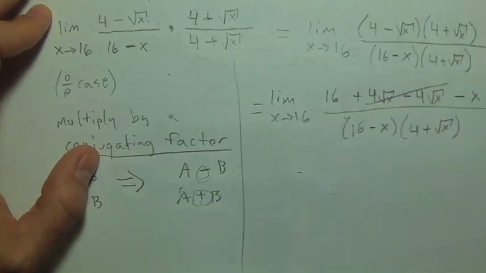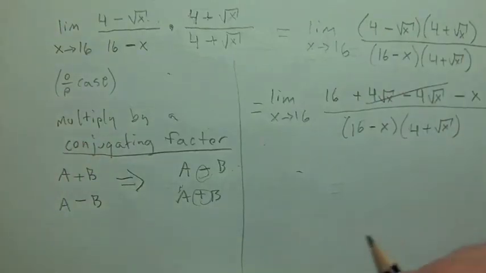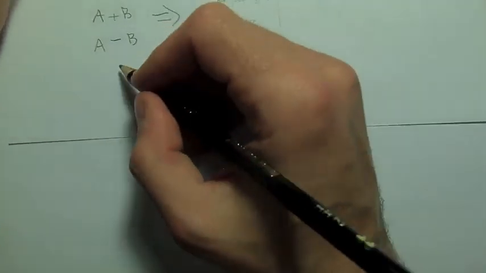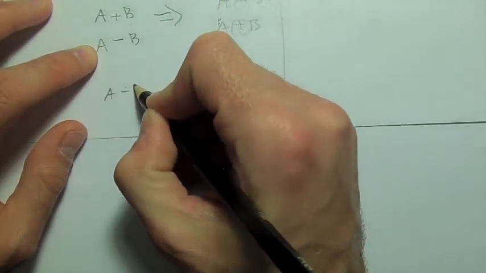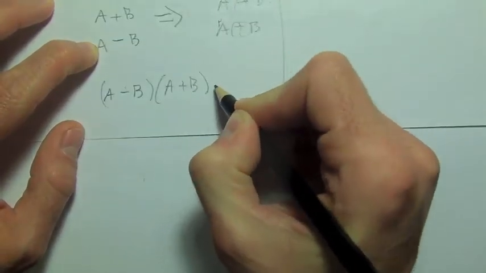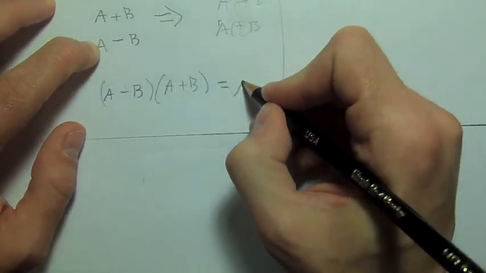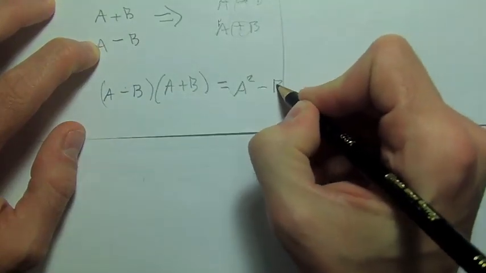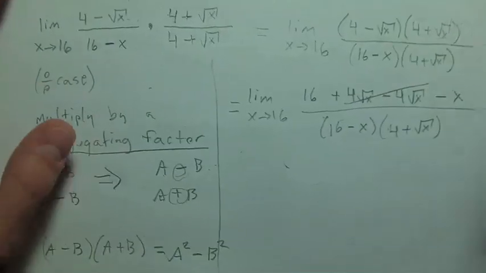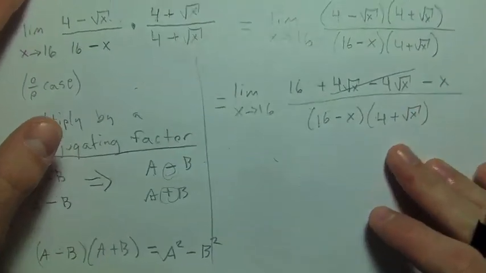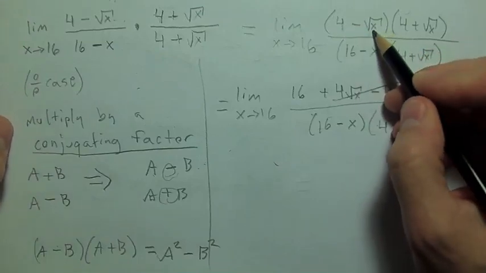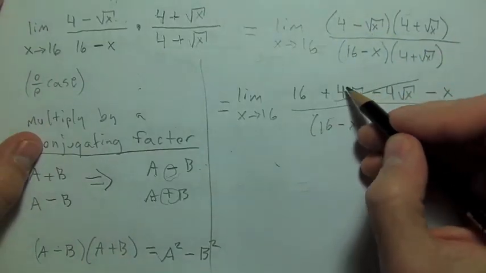multiplying by the conjugate on top. And what's always going to happen is if you take, say, an a minus b, right? And I multiply it by its conjugate, I'm always going to get a squared minus b squared, no matter what they look like. So here, a was 4, b was square root of x. Here we go.